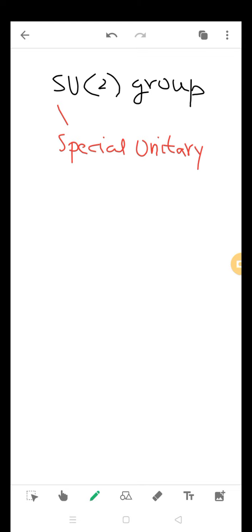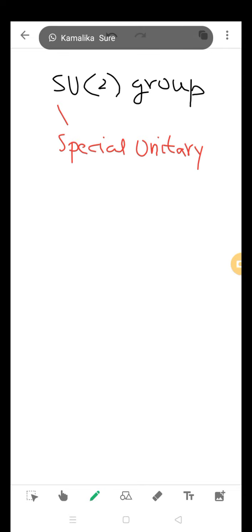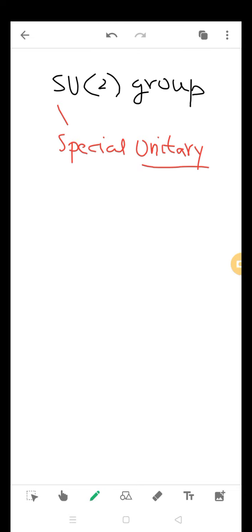So it is basically a unitary group which has certain special properties. Before going into SU2, we need to first understand what actually this unitary group means.